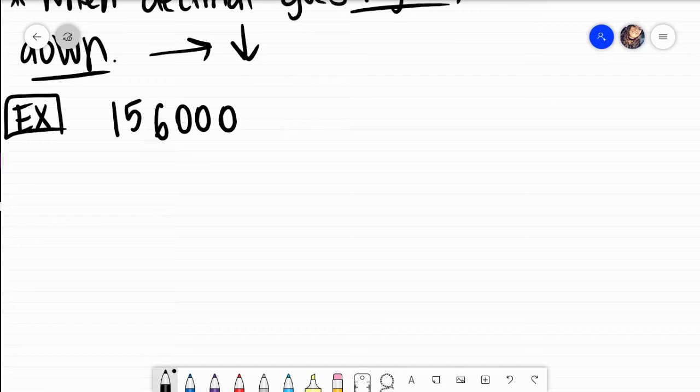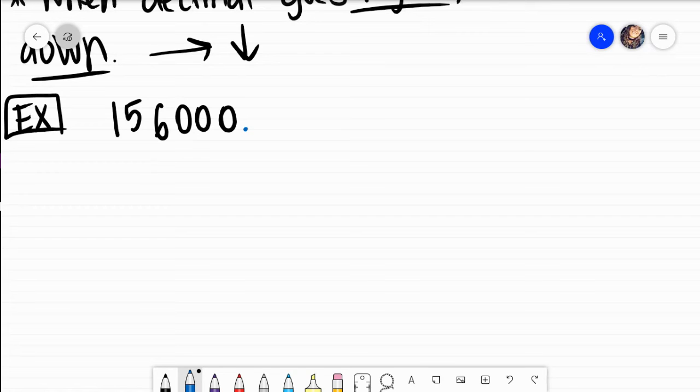So for this example, if you have standard notation, 156,000, and it tells you to convert it to scientific notation, there's not a decimal on here, is there? No, but it is to be implied. It is understood that because this is a whole number, the decimal is right there at the end.